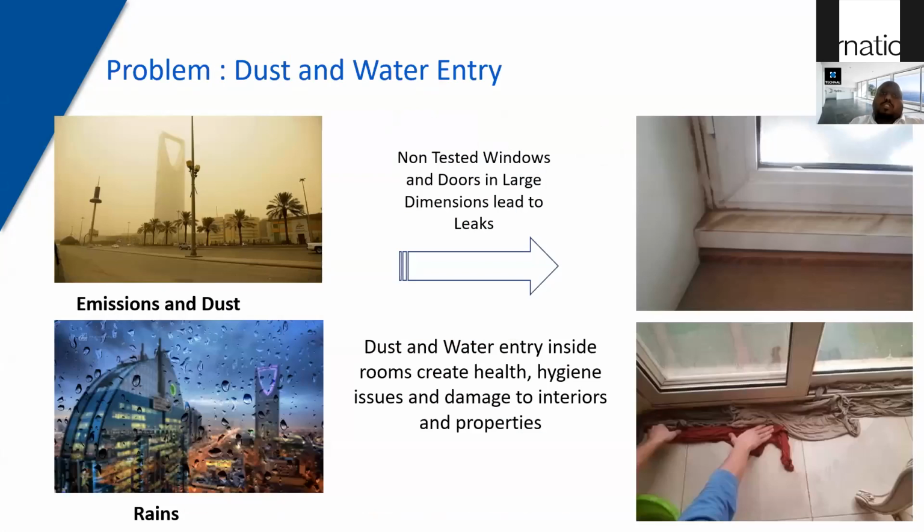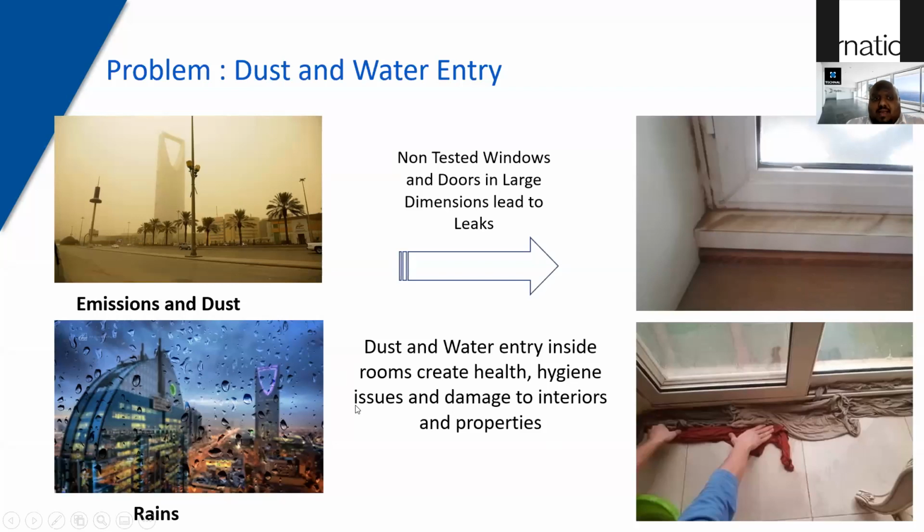But the most common ones I've listed here. The first and foremost, emission and dust. So non-tested windows or doors or curtain wall will have potentially leaks like you see in the image here. And this is a common feature in most of our buildings. And this has some long-term impact, which I will explain to you in the coming days.